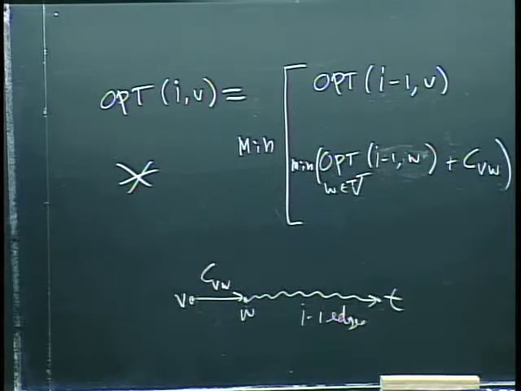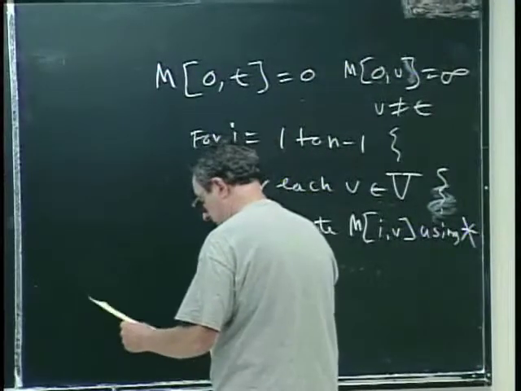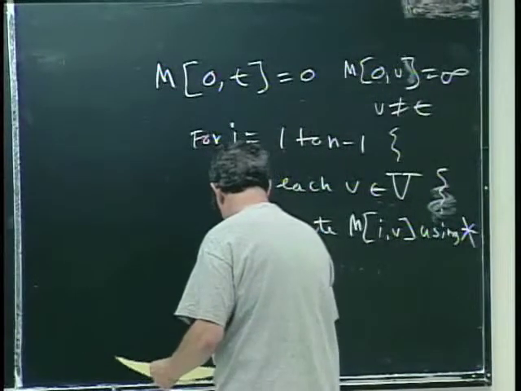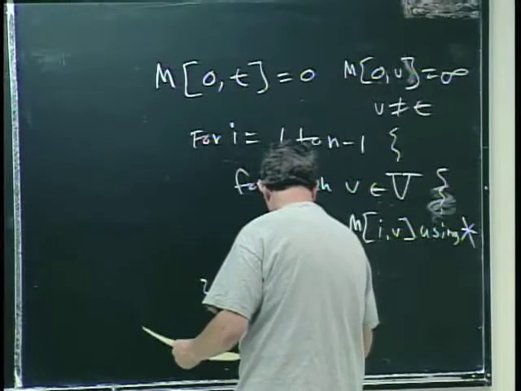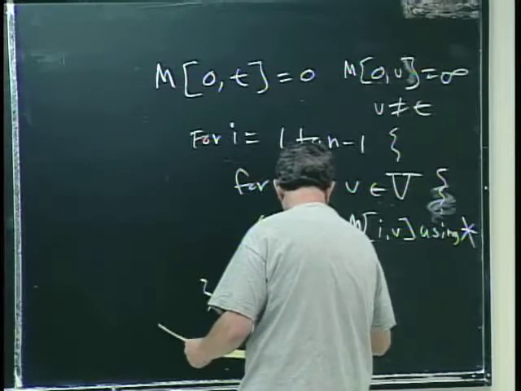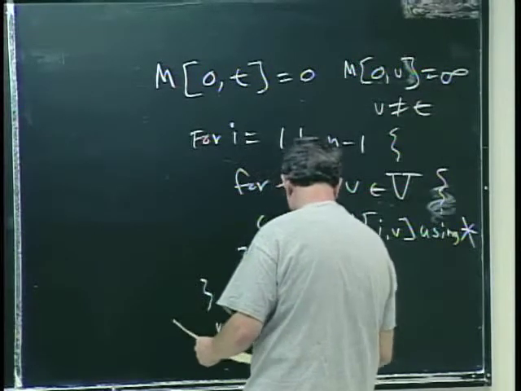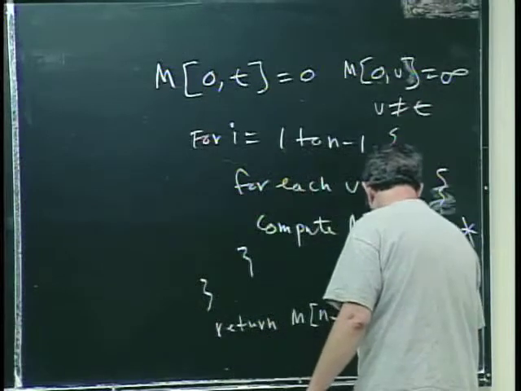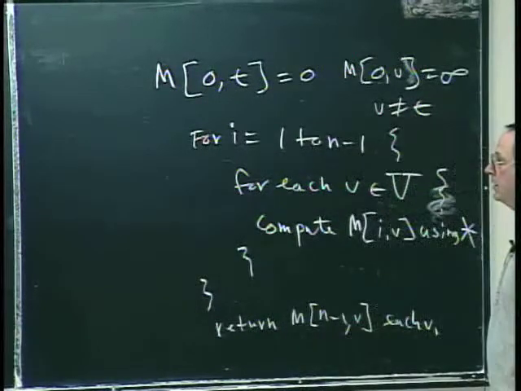So when you need to look up those values, at the time you're trying to compute this, you have them, and everything works fine. And then return M[n-1][v] for each v. All right.